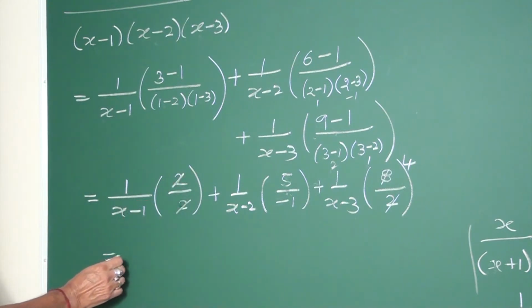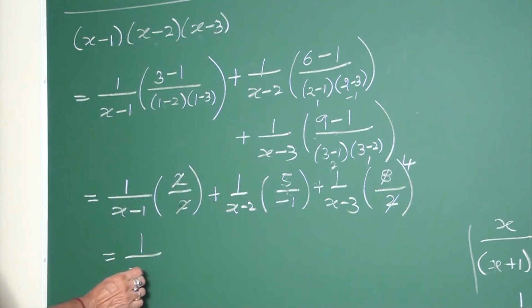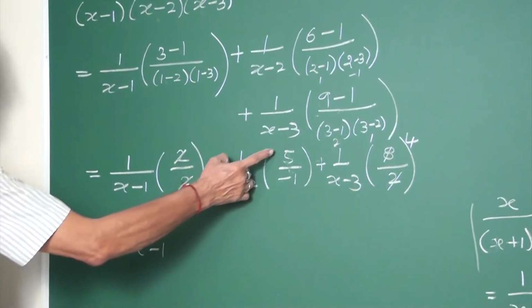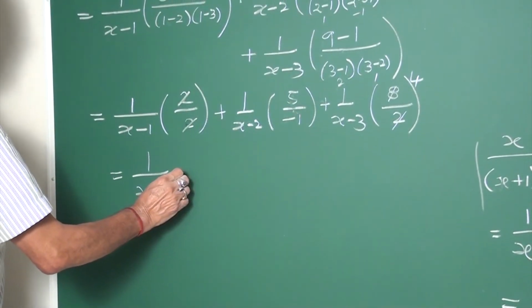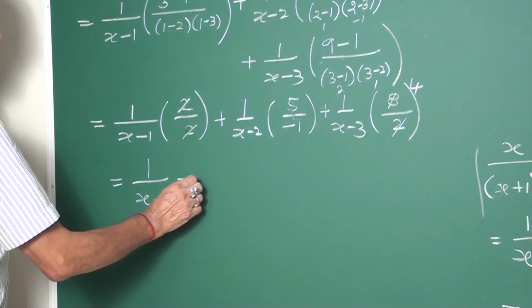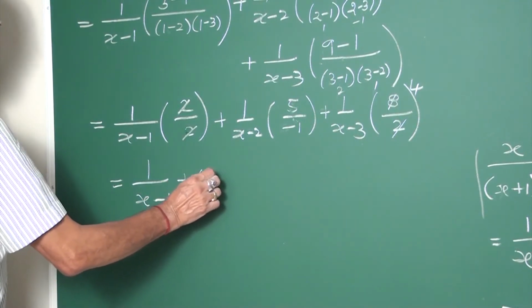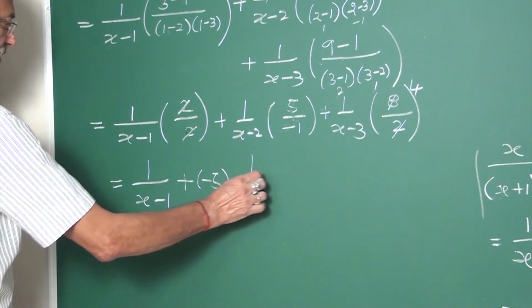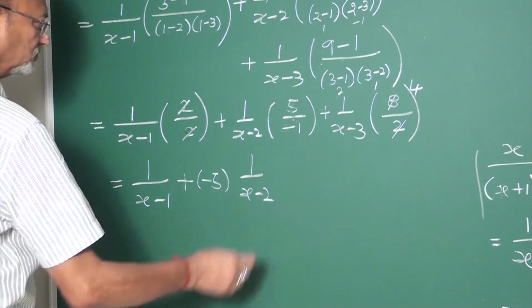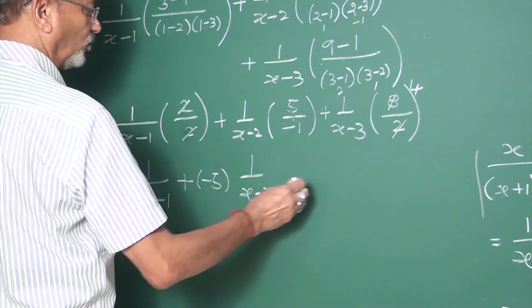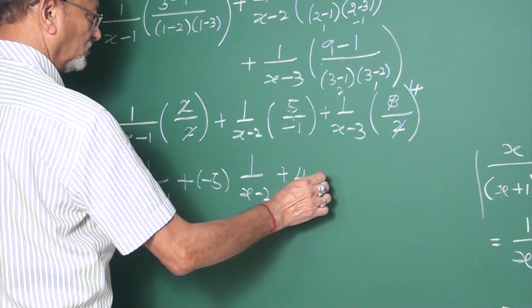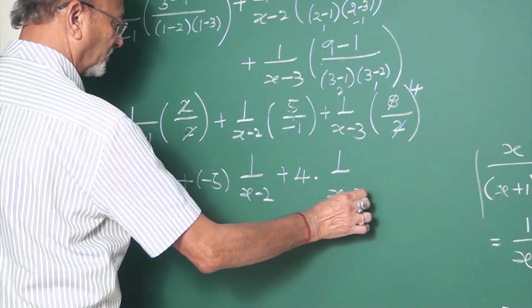You have this itself, 1 upon x minus 1. It is minus 5 into 1 upon x minus 2. It is 4 into 1 upon x minus 3.